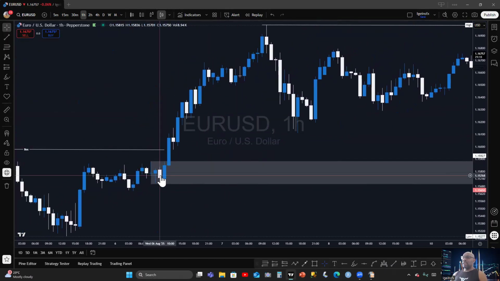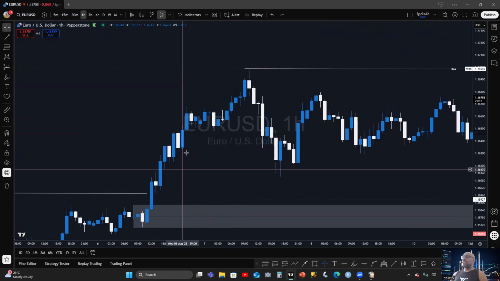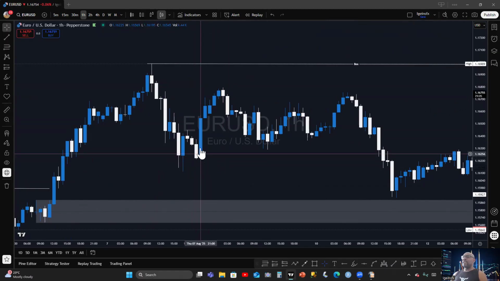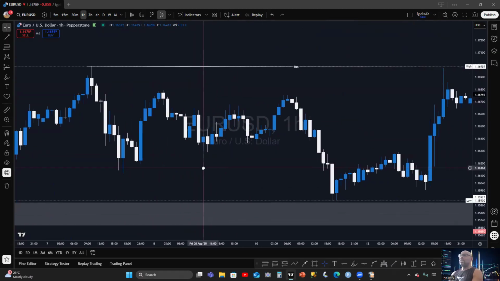Look at it. After this, you see this candlestick here engulf this, and the next thing you see is price pushing to the upside. And this one too, pushing to the upside. After price has engulfed this one, see the push to the upside.